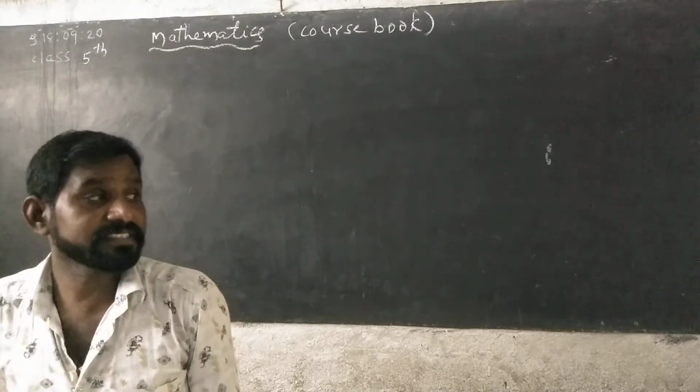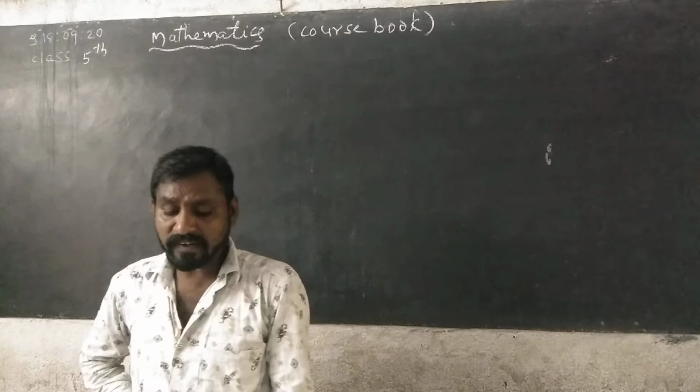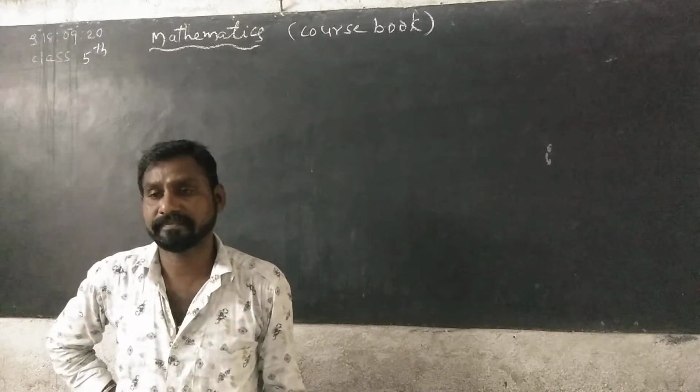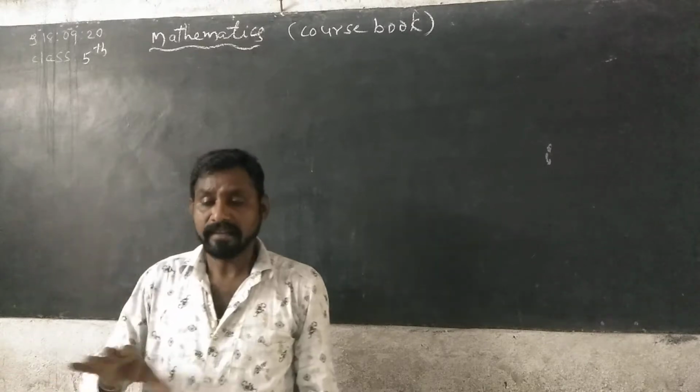Now next, number of children means 1,26,245 less than the number of men.